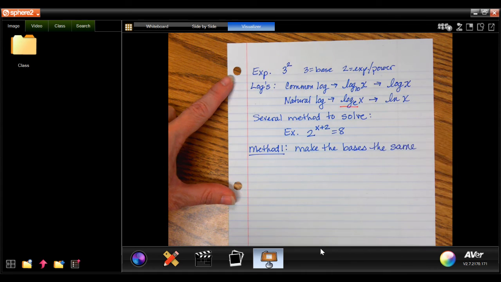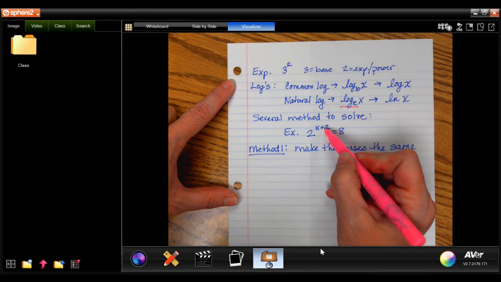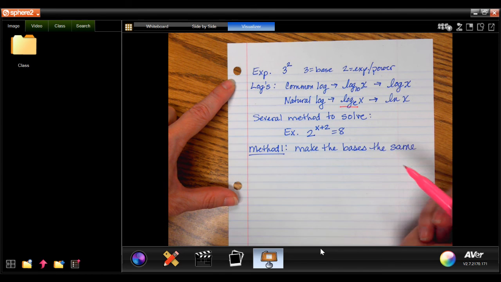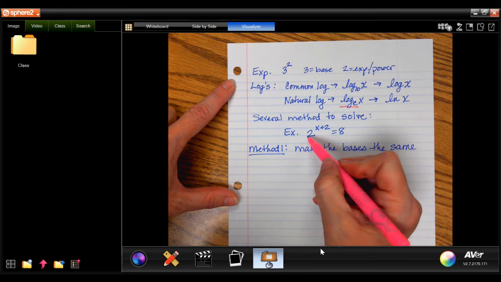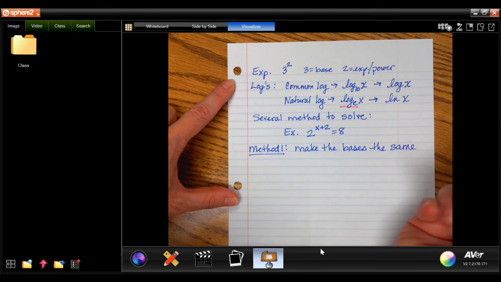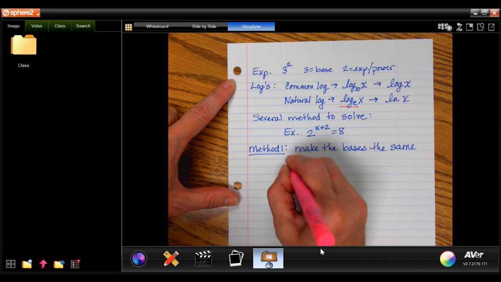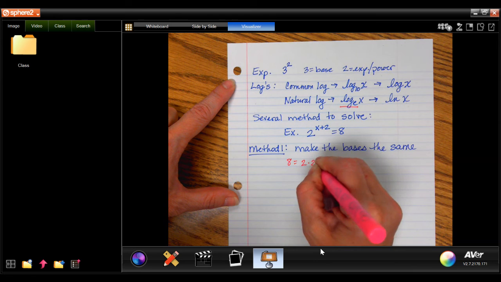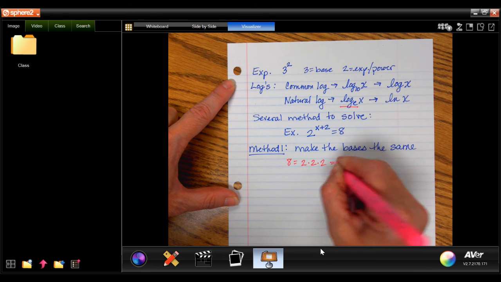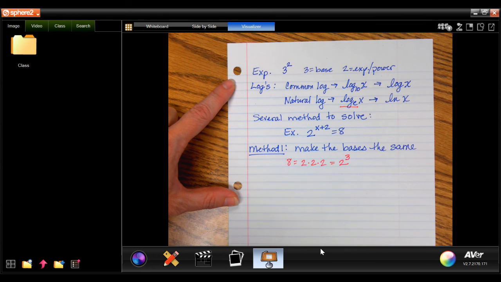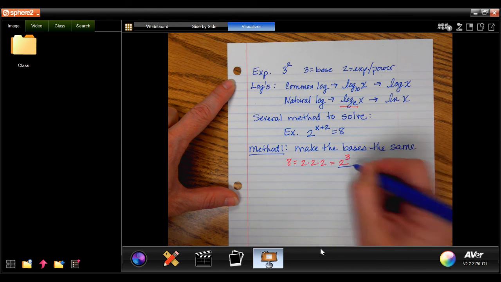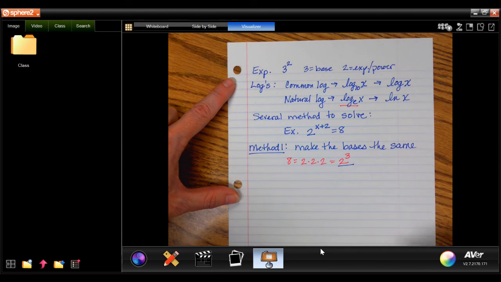Can I make 8 the same base as 2? Well, what's 8? 8 is the same as 2 times 2 times 2. Well, that can be rewritten as 2 to the third. So I can make 8 the same base.